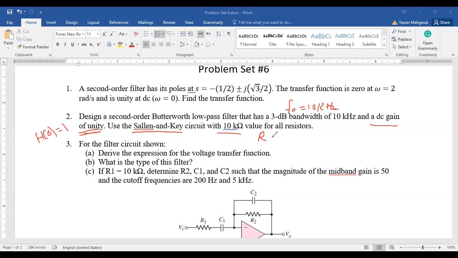So we need to realize this Butterworth filter using a Sallen-Key circuit with R's equal 10 kilo ohm. Let's go ahead and utilize all this information to design the circuit.